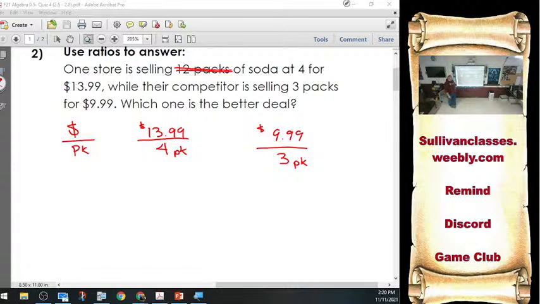I literally pulled these prices from Safeway and Walmart. I drink too much Mountain Dew, so sue me. Okay? So the first one, $13.99 divided by 4, it's not going to come out pretty, is about how many dollars per pack? 3.4975?